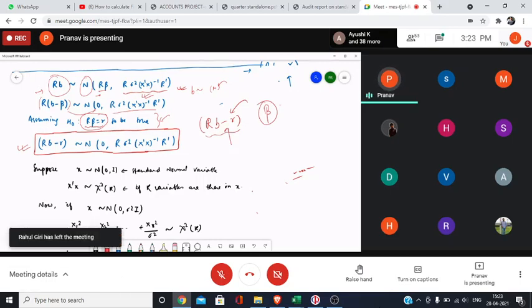So your RB minus R as a statistic is normally distributed with mean 0 and variance given by this term. Is this clear till here?